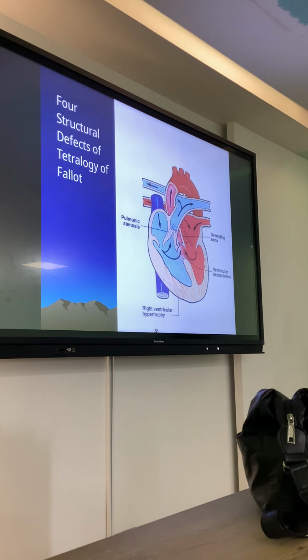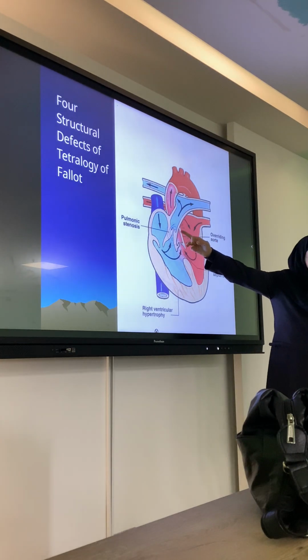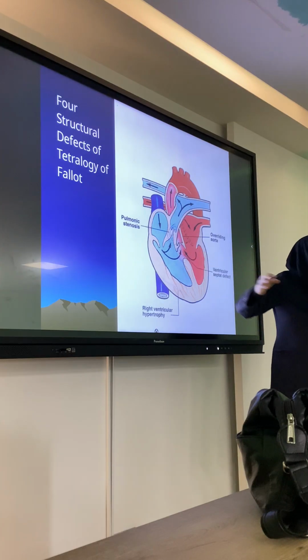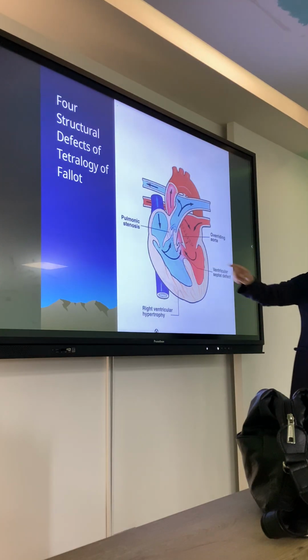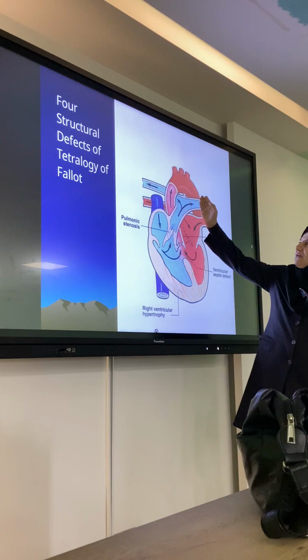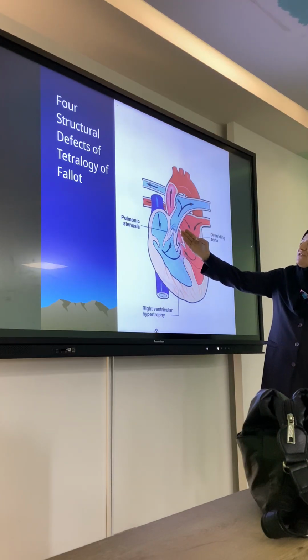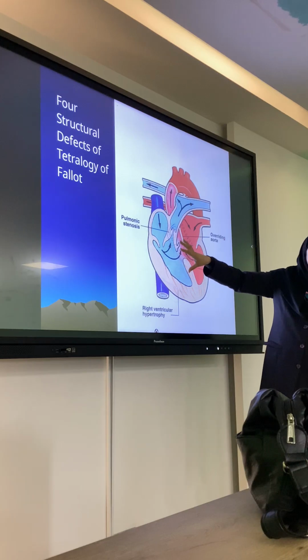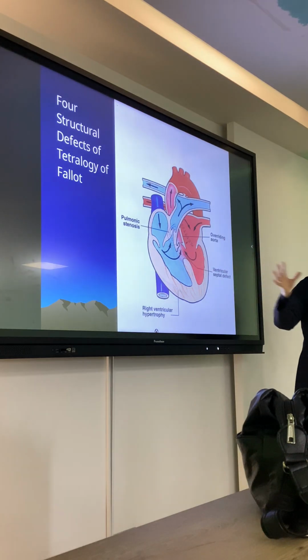Why? Because not enough blood is being pumped out. You have a stenosis. The blood wanted to go to the pulmonary artery, but it couldn't, and it came back to the right ventricle and led to hypertrophy.